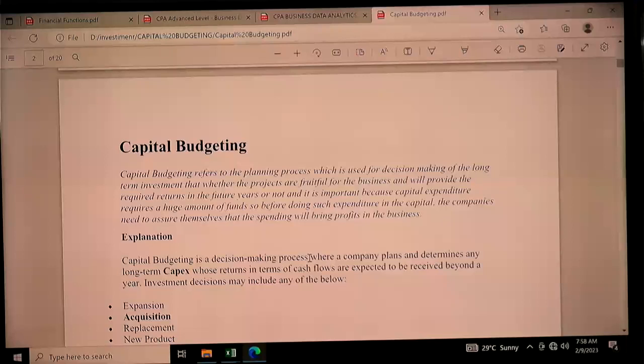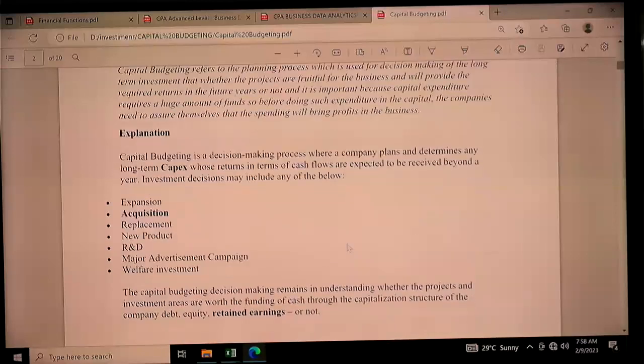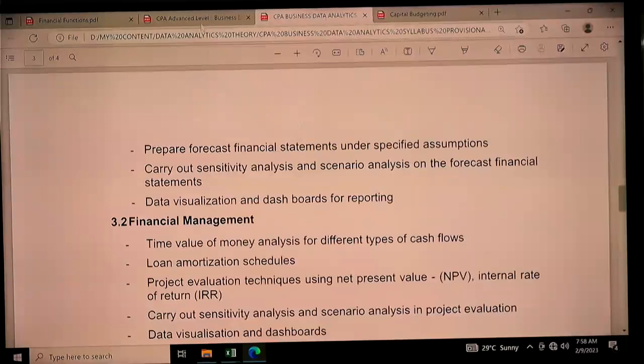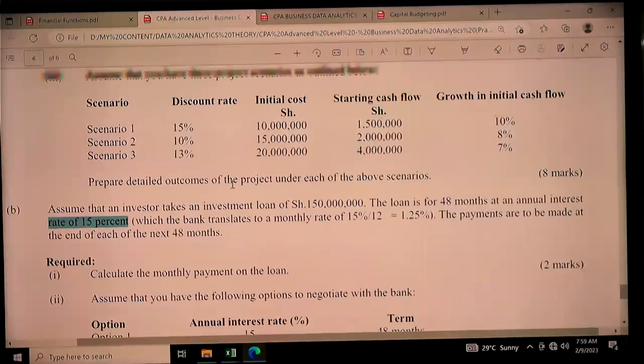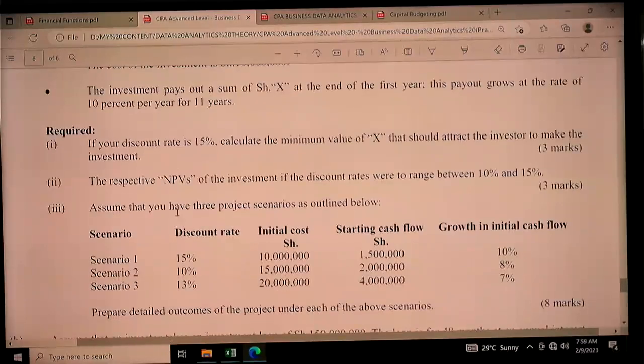And one of the functions that will help us to do this is net present value. We are going to check a number of things: how do you determine that a project is worth investing in? Like in this question from the pilot paper, after computing the first scenario, we are given 2 more scenarios.